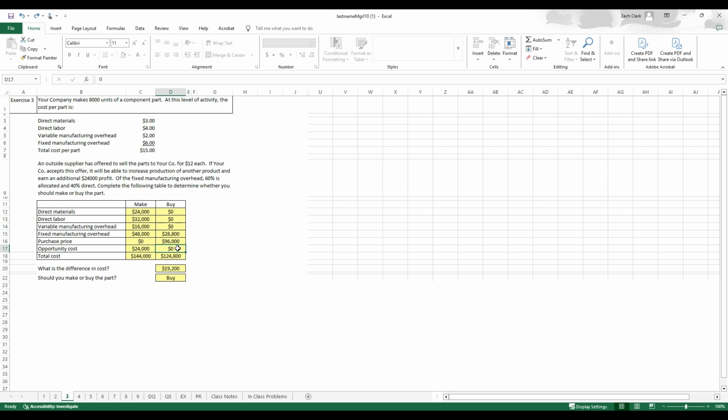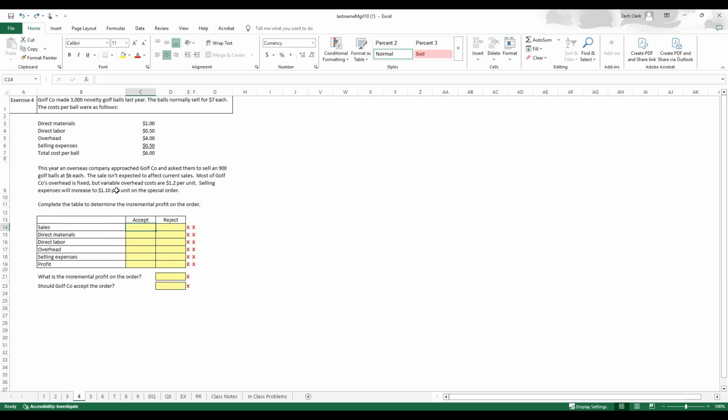And you could avoid potential layoffs, et cetera, from shutting down this part of the business where we're producing these parts. So from a non-financial perspective, that's a win as well. That adds to the pros versus cons of the buy decision.